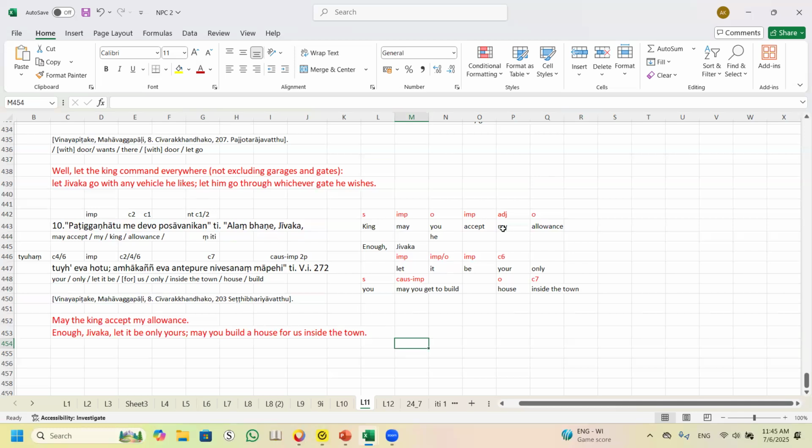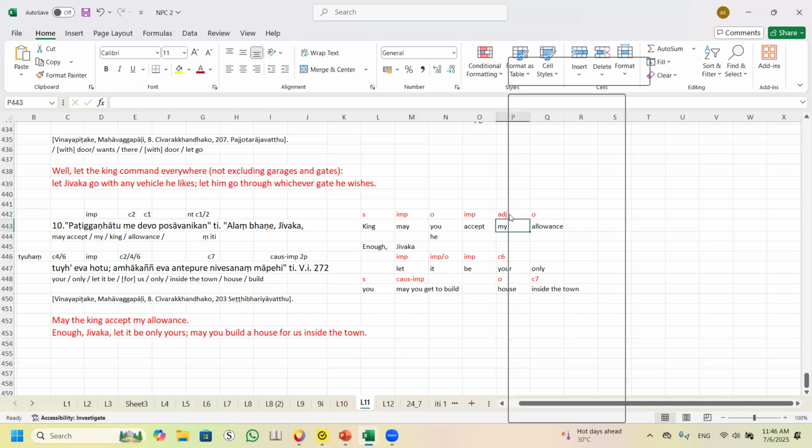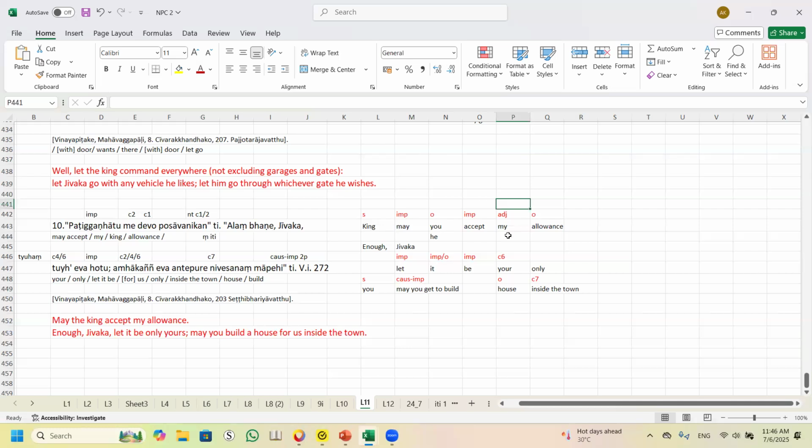This "may" is "my", this is the object. Can you see this Niggahita? This is the object, an adjective to this: my allowance. He's telling the king that whatever salary he doesn't want, he asks the king. And then the king will say, okay, this is alaṃ, enough.